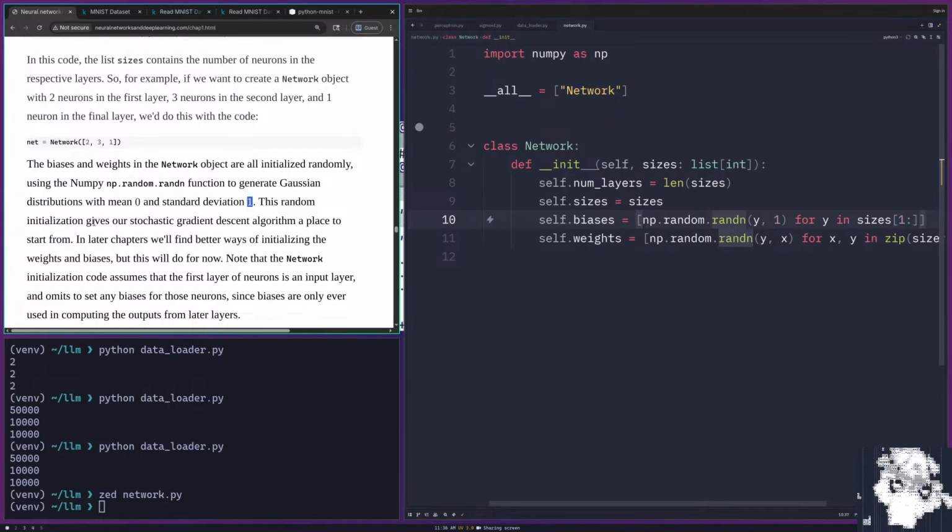This random initialization gives our stochastic gradient descent algorithm a place to start from. In later chapters, we'll find better ways of initializing the weights and biases, but this will do for now. Note that the network initialization code assumes that the first layer of neurons is an input layer and omits to set any biases for those neurons, since biases are only ever used in computing the outputs from later layers.